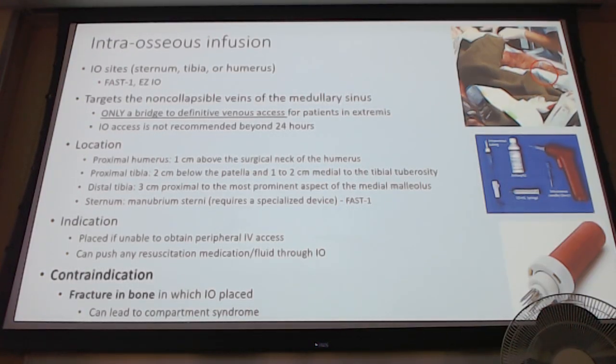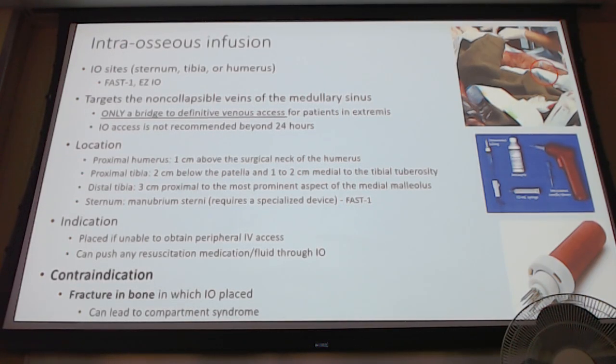It actually is a pretty decent exchange rate. We can put a lot of fluid in so that we can pump them up just enough, and then within hours or a day, once we have vascular access, we take the IO out.